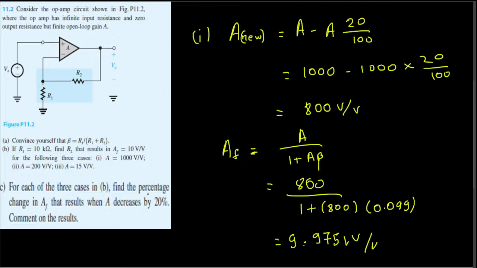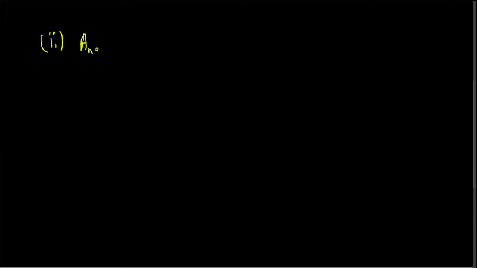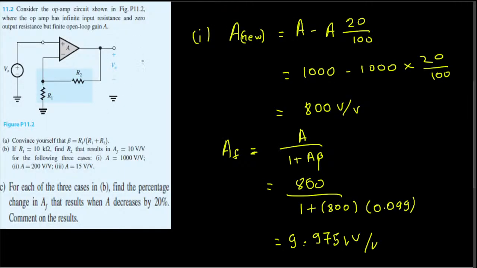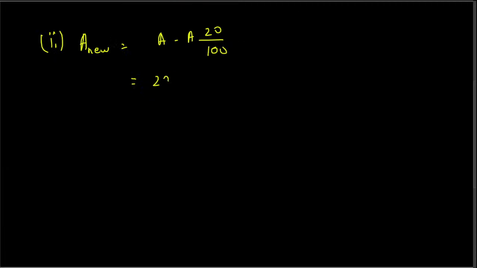Now we have to see after the 20% decrease, the A new is going to be, again, the same equation, A minus A times 20 over 100, and in this case, instead of A, we plug in the value 200. So 200 minus 200 times 20 divided by 100. So this is going to be 2 times 20, 40. 200 minus 40, that's going to be 160.